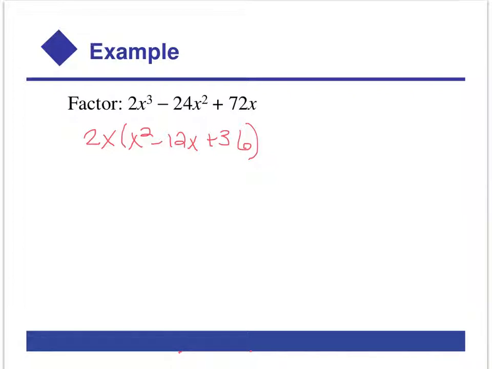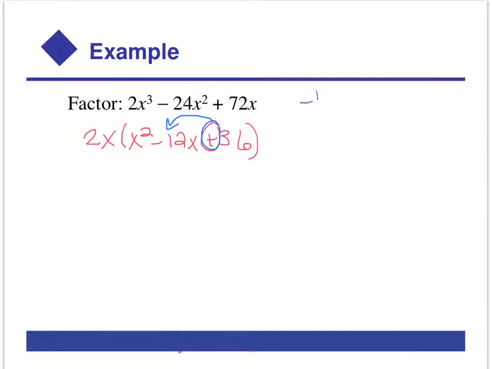So let's see if we can create a chart. Let's look at this. This is positive, so we're going to look here. So both of our numbers are negative this time.